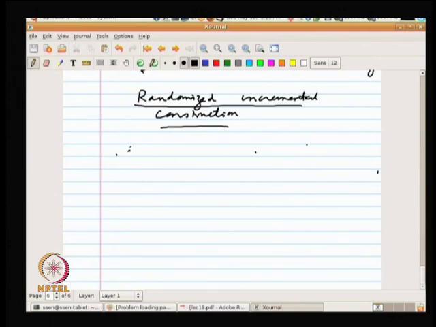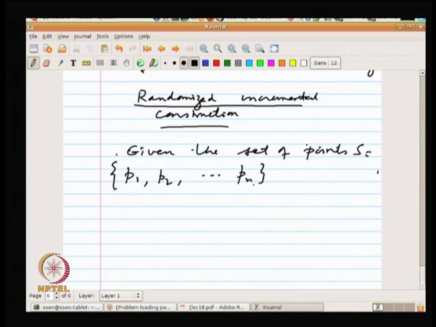So given the set of points S equal to P1, P2, Pn. These are all two-dimensional points.